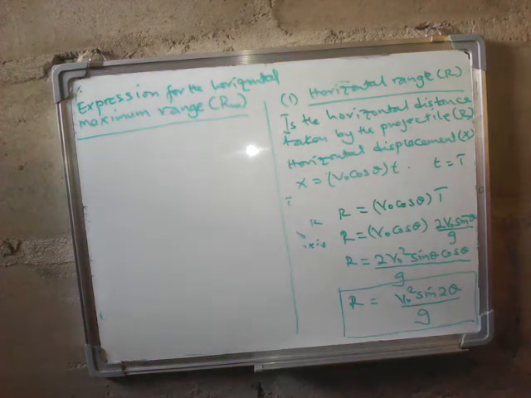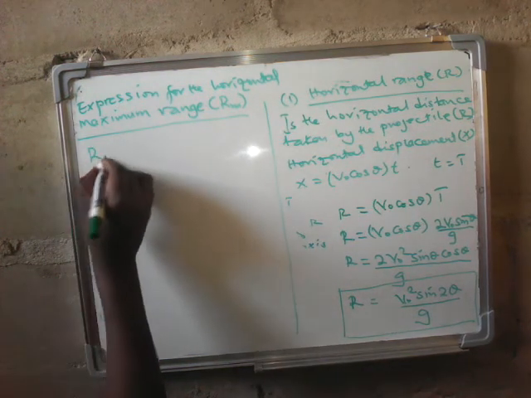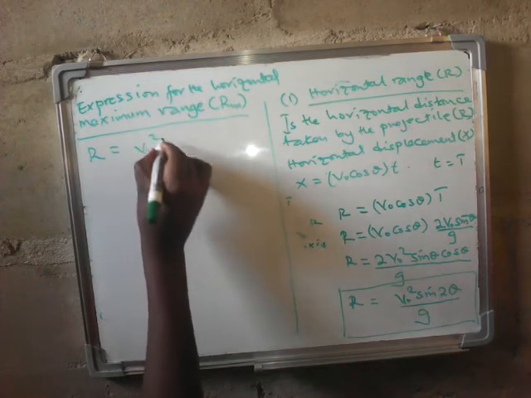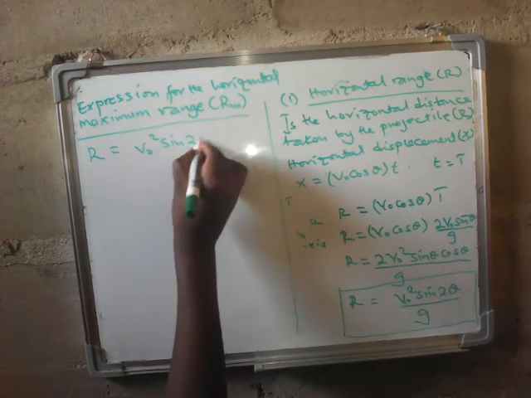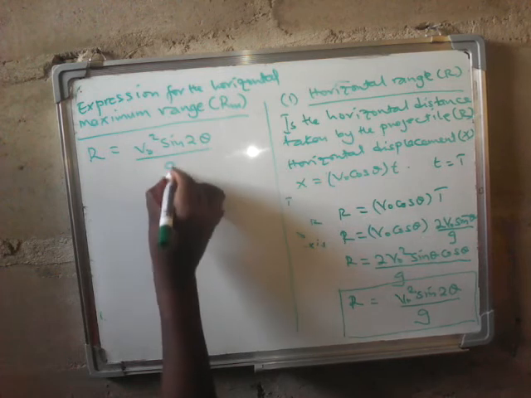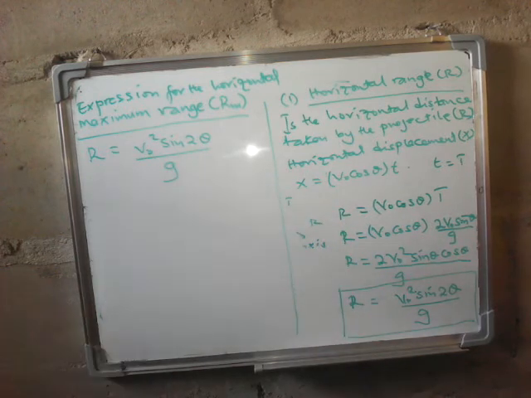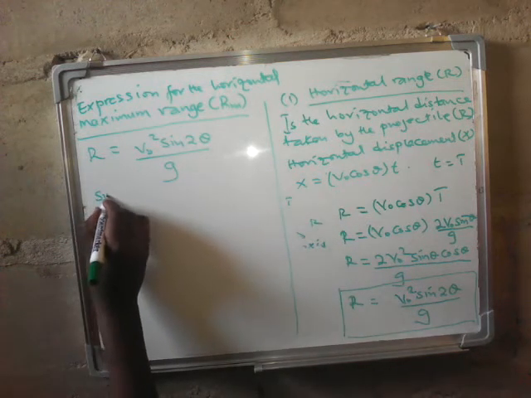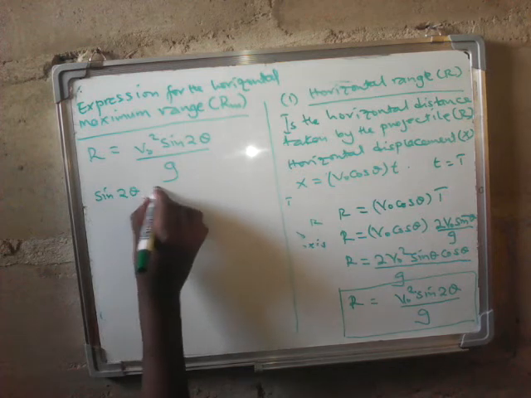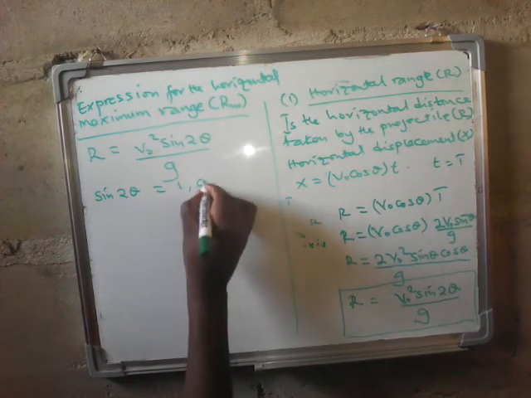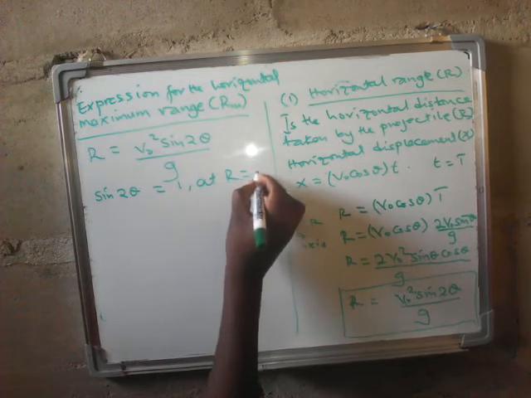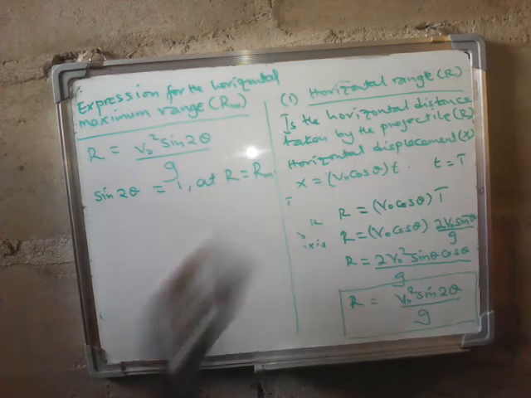From R, which is equal to v naught squared sine 2 theta divided by g, now we need the maximum. If it is a maximum, then sine 2 theta is equal to 1 when R is equal to R maximum.